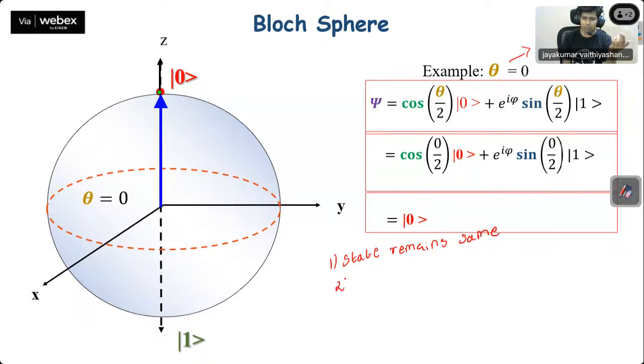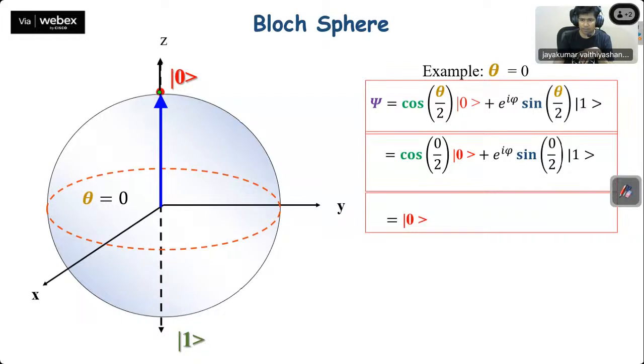This is nothing but a pass operation. Nothing will happen. The state will remain the same as it is. So this is an example: if you apply theta equal to 0, the quantum particle will remain in the same state. Is it clear? Shall we move further? Very simple.